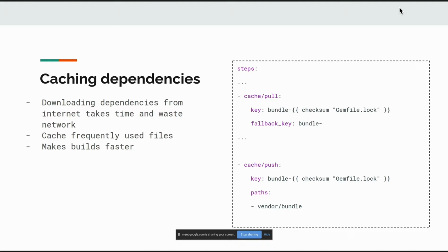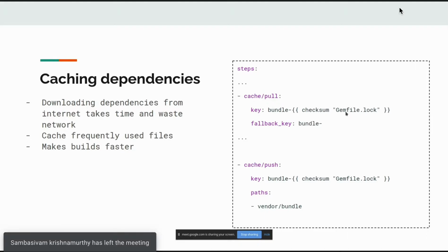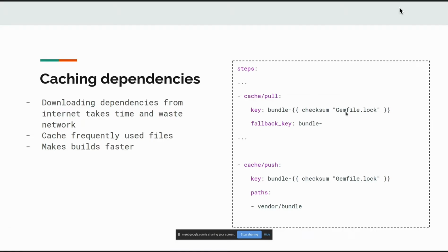Similarly, in a Java application, you will have other tools like Gradle and Maven. So you can define the key, and you can also define a file, and from that file we can generate a checksum, so that if your dependencies have changed, the key will invalidate and it will force you to download the newer dependencies from the internet.